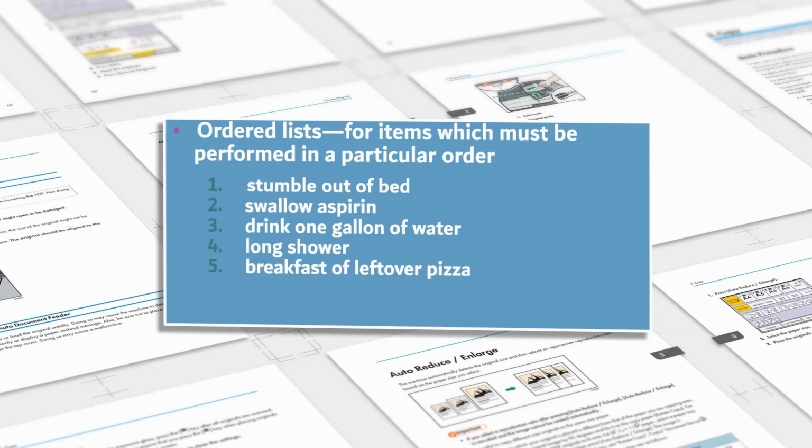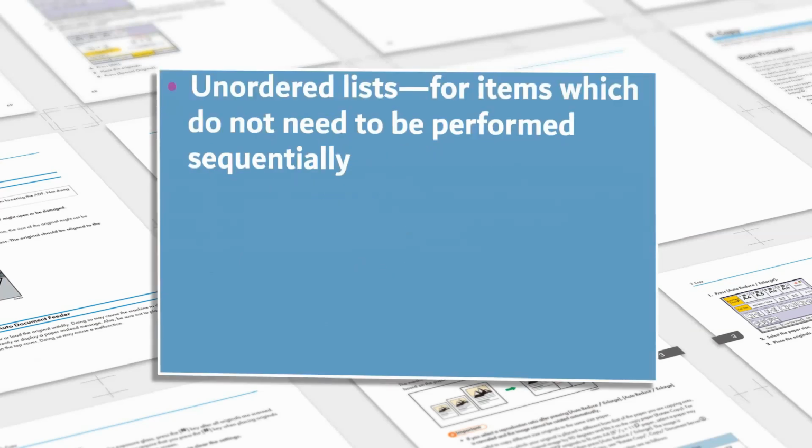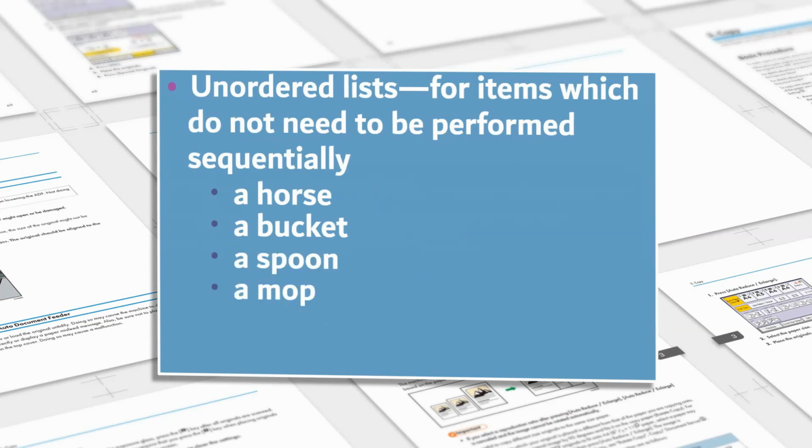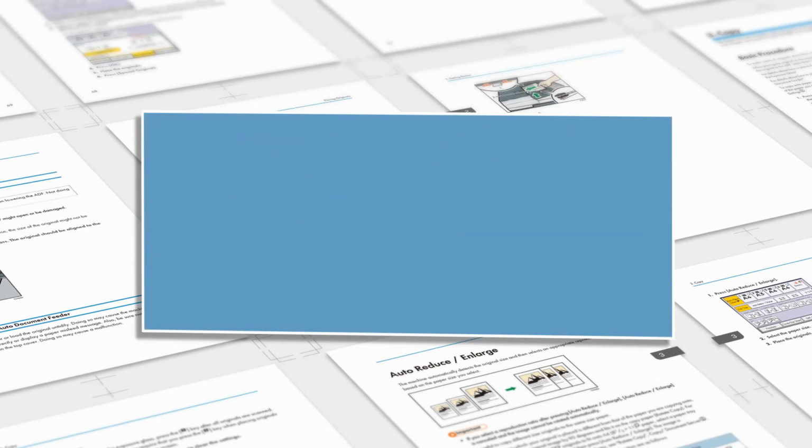You need to do these things in the particular order. You're not going to take a shower and then stumble out of bed. Numbered lists walk us through a procedure. If you're just listing stuff that doesn't have to be performed sequentially, that's where you use an unordered list or a bulleted list. There might be a relationship between these, but it isn't one that involves having to do a particular step.